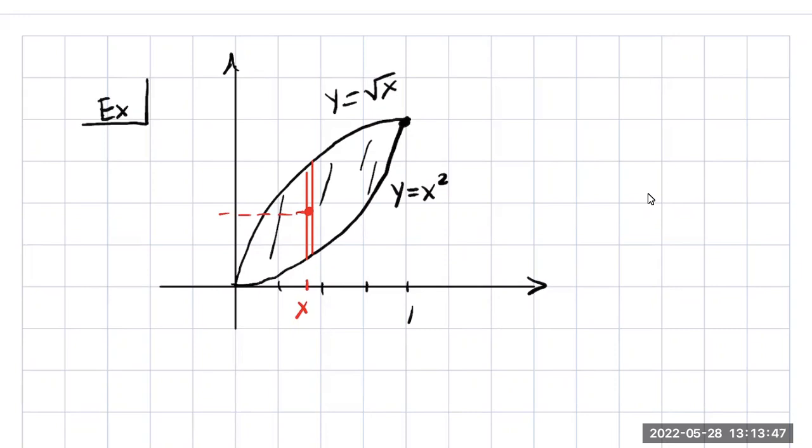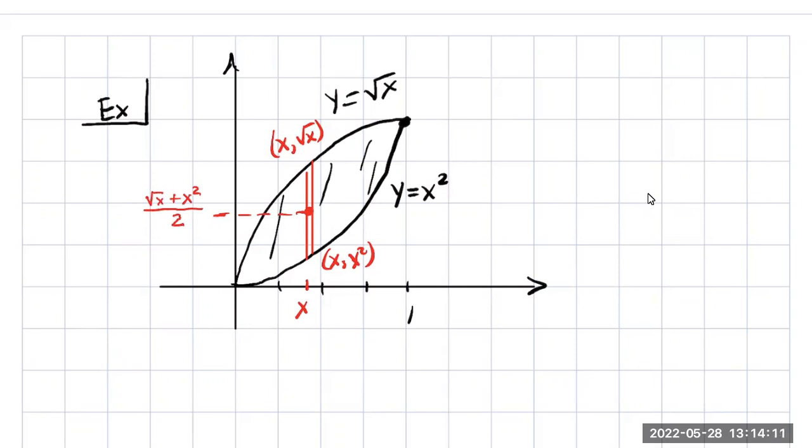But the y coordinate, right, that's going to be the average of the y coordinates of the top and the bottom of the rectangle. So over here, that's going to look like this. Okay, so keep that in mind now, all right?